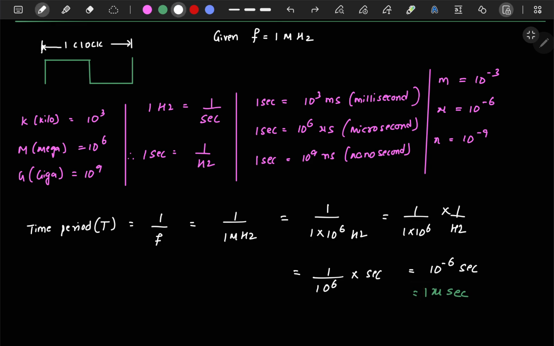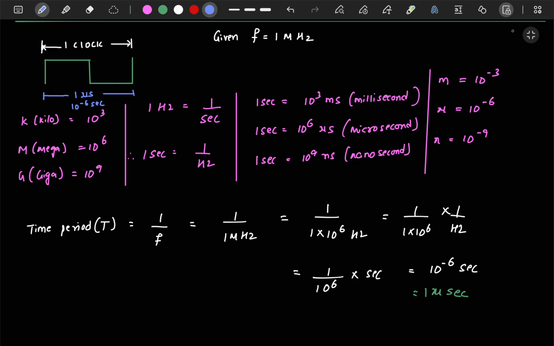So what it means is that the time period of this entire one clock cycle is 1 microsecond, which is equivalent to 10 raised to power minus 6 second. Okay, that is what we derived.